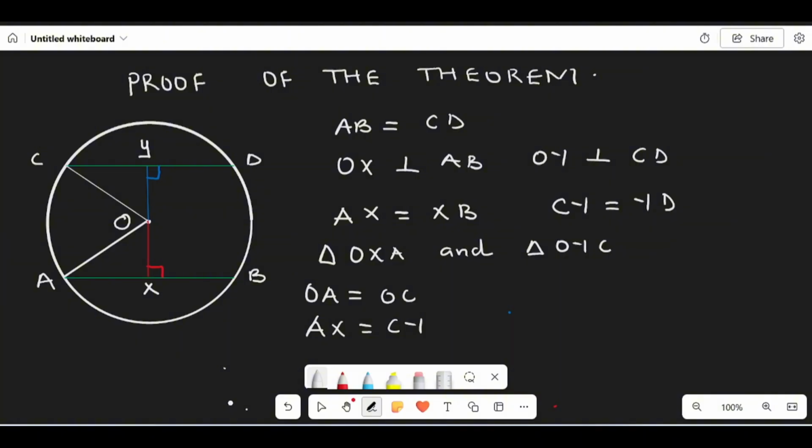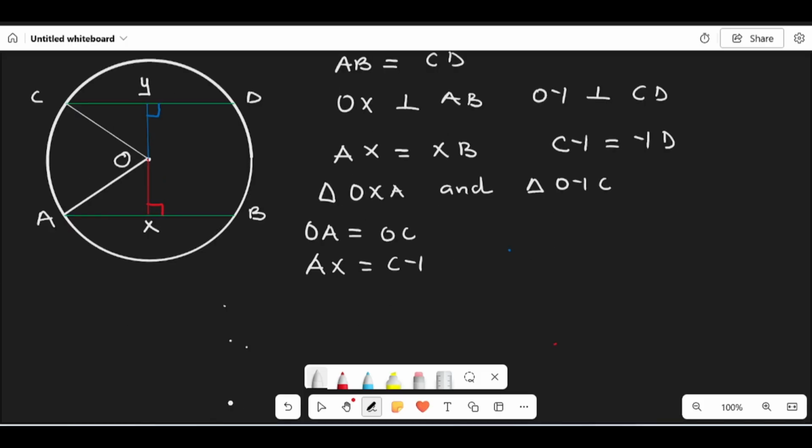Because the chords are equal and bisected into equal halves, it is also given to us that OX and OY are perpendicular, so the triangles are right angle.